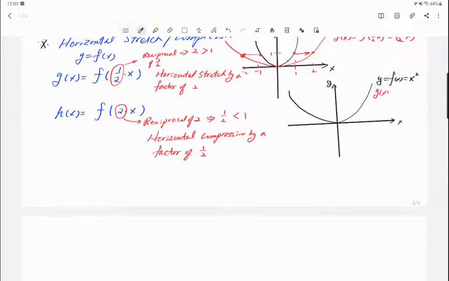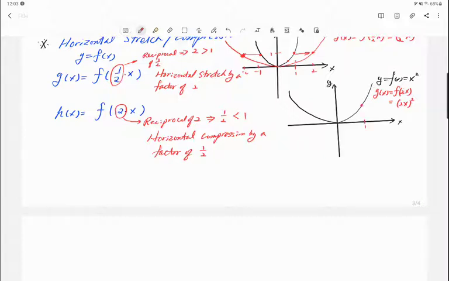Here x is multiplied by 2, so 2x squared, right? Since x is multiplied by 2, what's the reciprocal of 2? 1/2. So 1/2 means horizontal compression by a factor of 1/2.